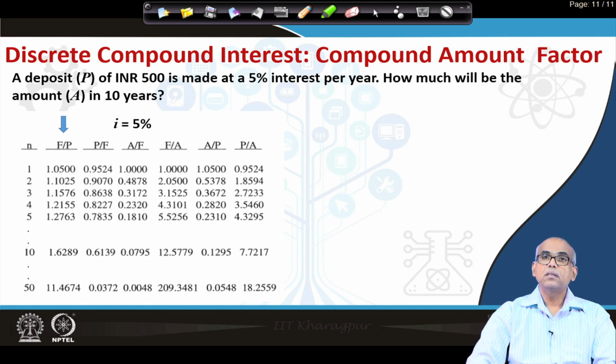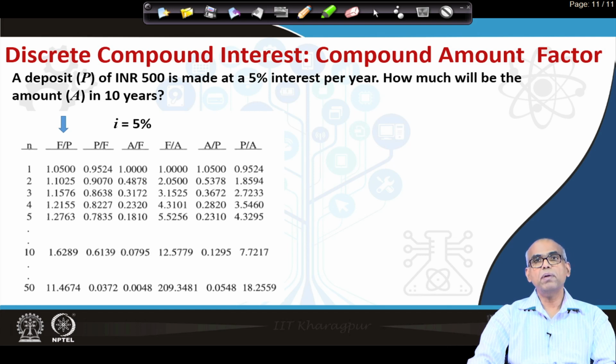A deposit of amount P, which is say rupees 500, is made at a 5% interest per year. How much will be the amount A in 10 years? So, it is a straightforward application of the formula F equal to P into 1 plus I to the power n.